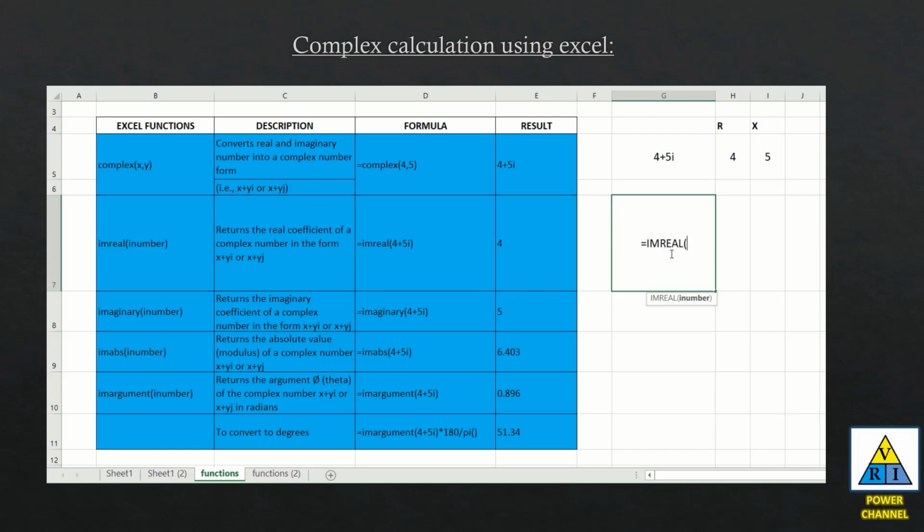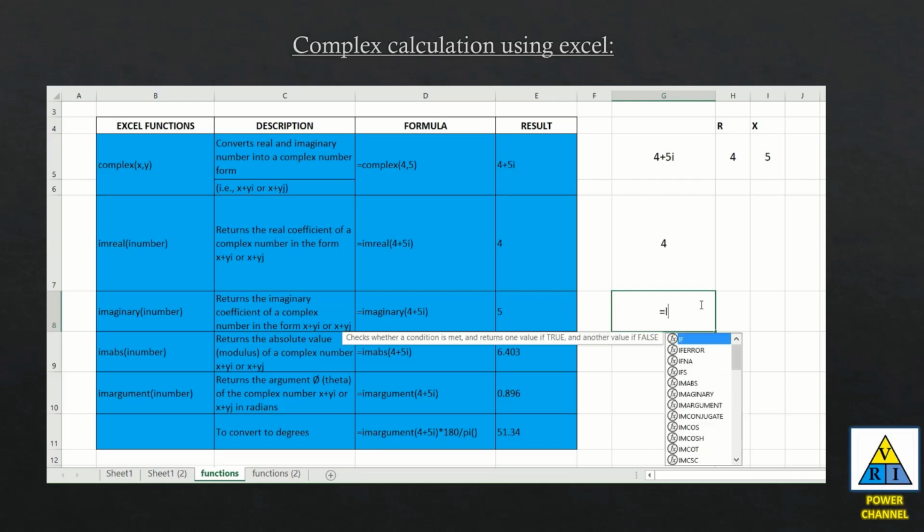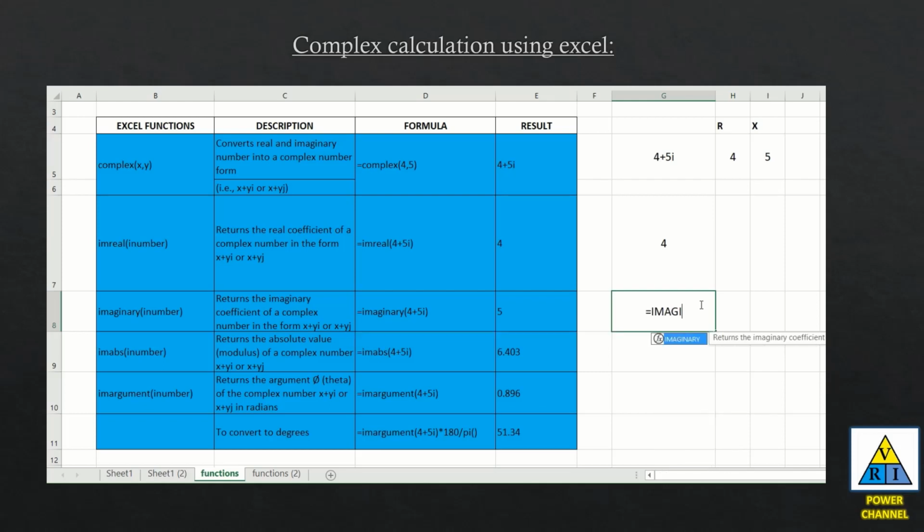So we just type here IMREAL of the complex number 4 plus 5i, then it will yield 4. Next is IMAGINARY, which will yield the imaginary coefficient of the complex number. So in this case we have 5.